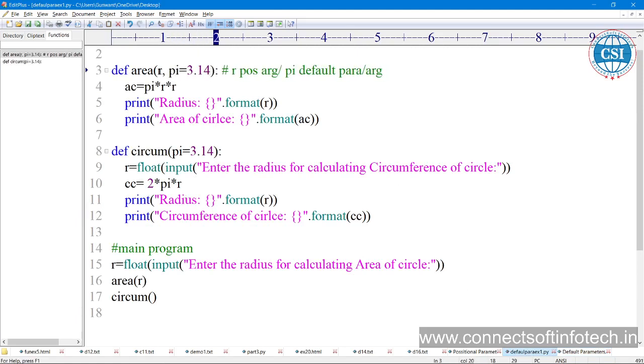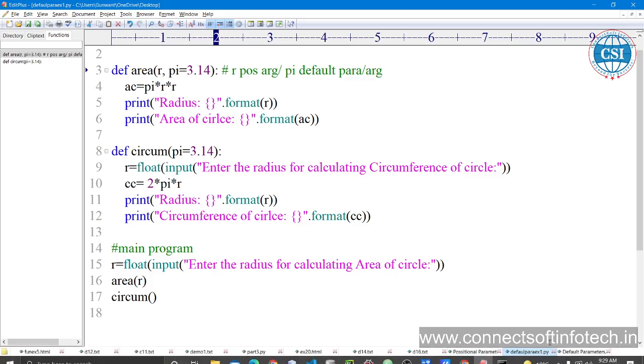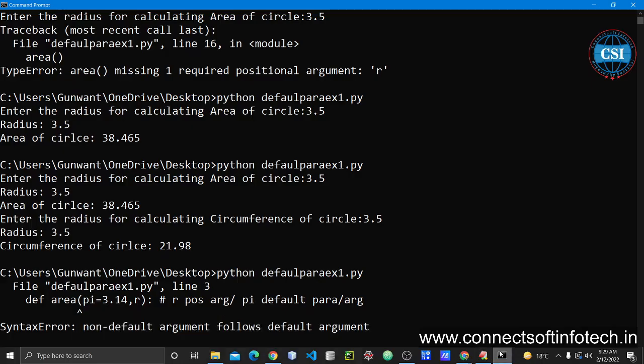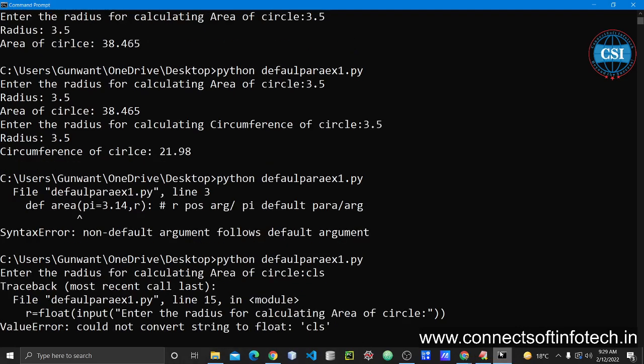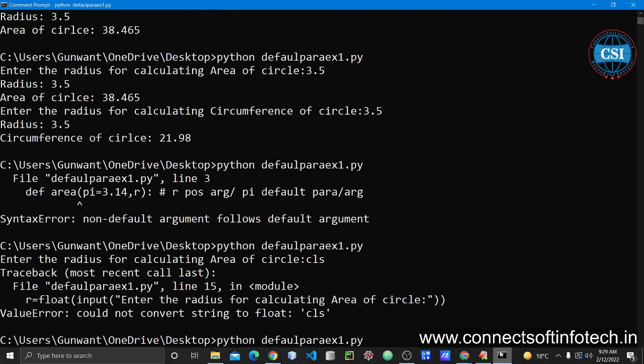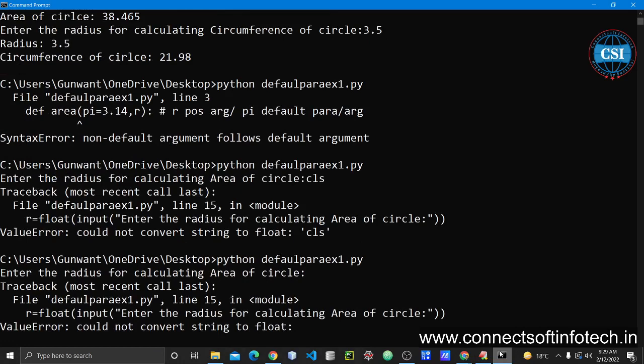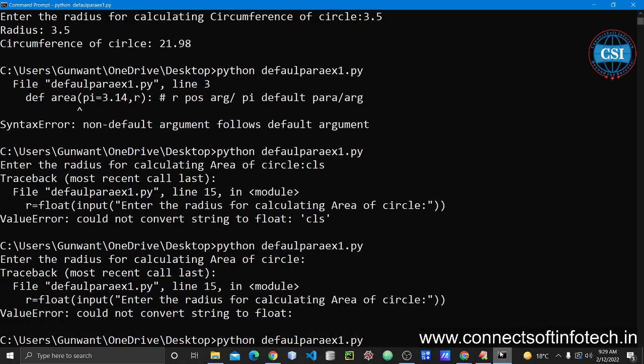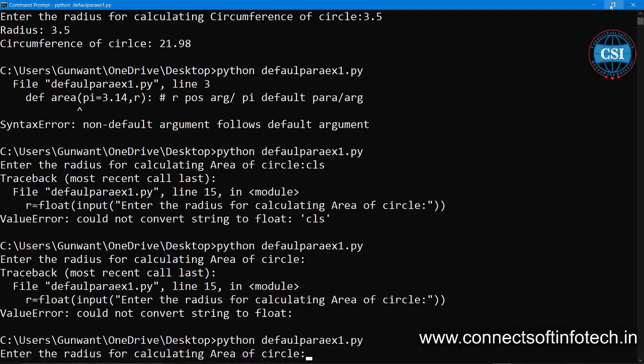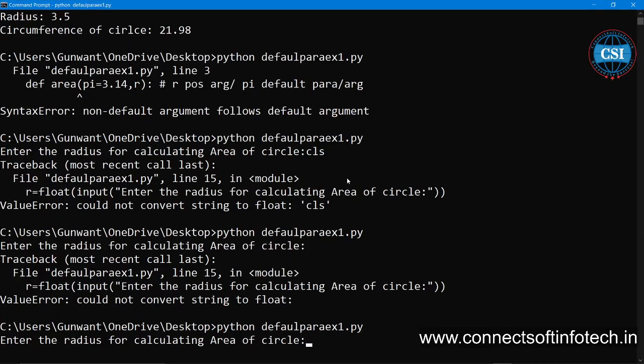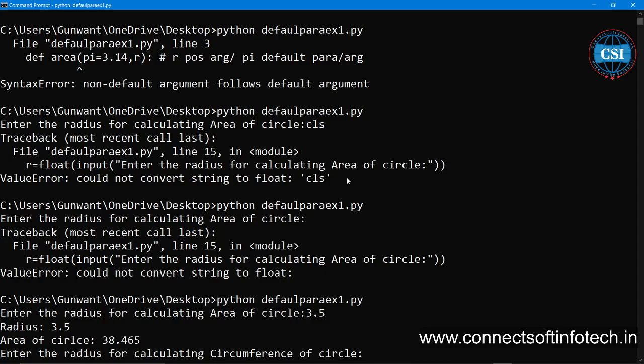I hope you understand this. Now this is okay, and you can run this Python program. Enter the radius of circle 3.5. Okay, we are getting this value.